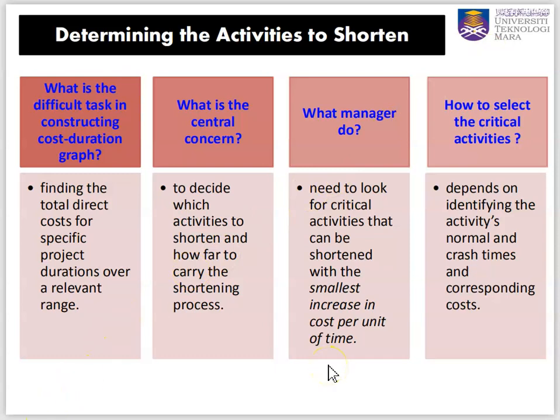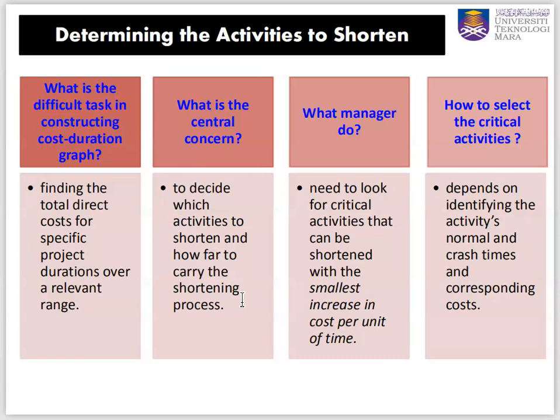Now let us look at how to determine the activities to shorten. What is the difficult task in constructing the cost duration graph? The difficult task is to find the total direct cost for specific project durations over a relevant range. The central concern is to decide which activities to shorten and how far to carry the shortening process.